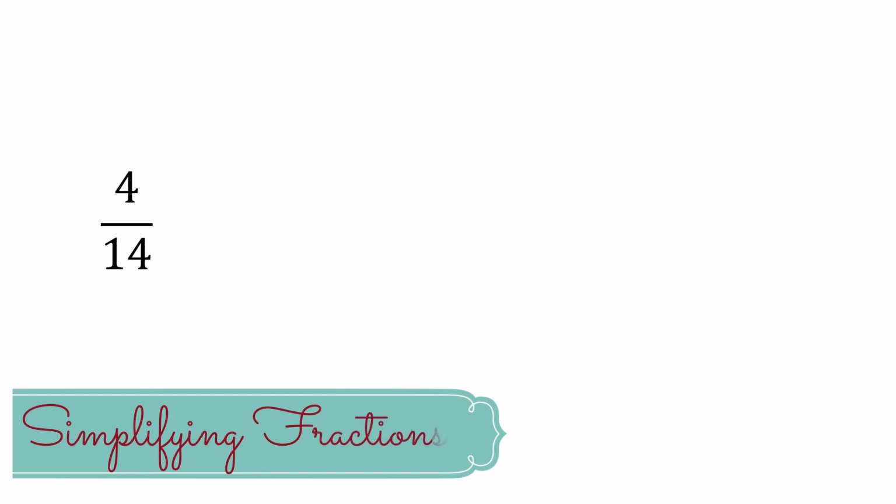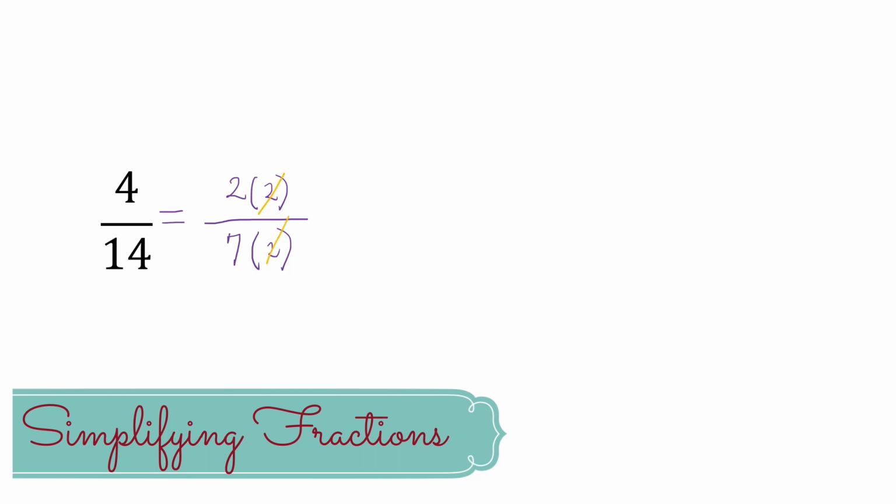That is, 4 over 14 equals, the factors of 4 are 2 and 2, since 2 times 2 equals 4. Factors of 14 are 7 and 2, since 7 times 2 equals 14. Now the common factor between 4 and 14 is 2, so we can cancel this out.